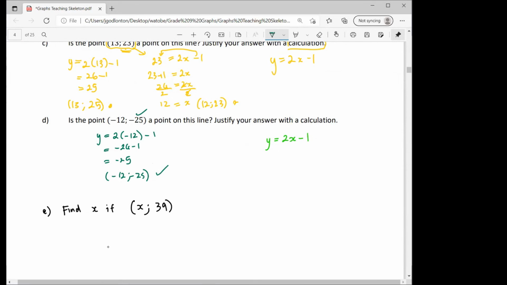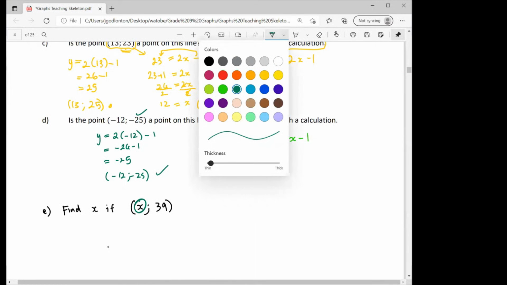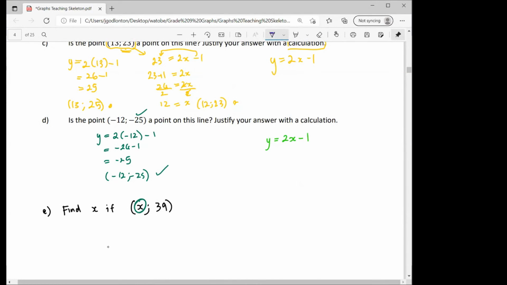Okay, and then the last thing I want is I want you to find x for me. Nice, Jaden, well done. So we're going to make y 39, and we're looking for x.